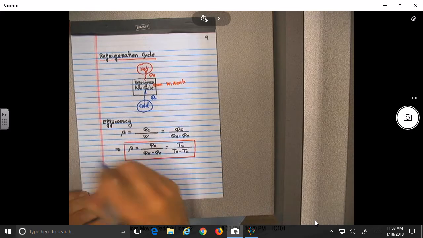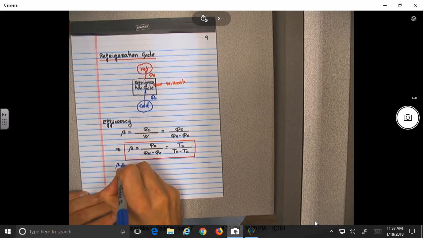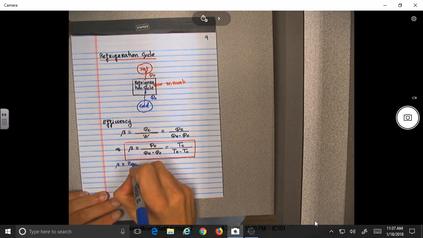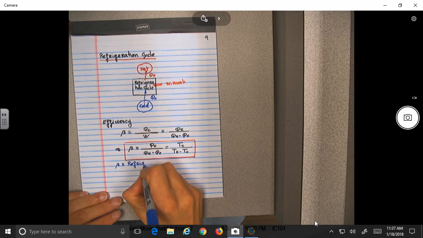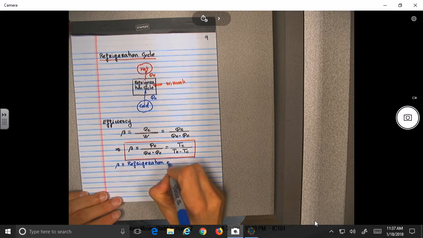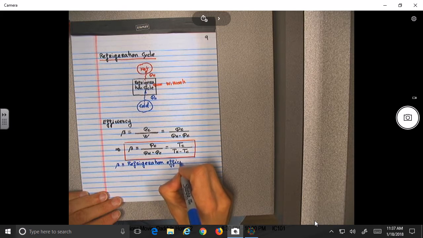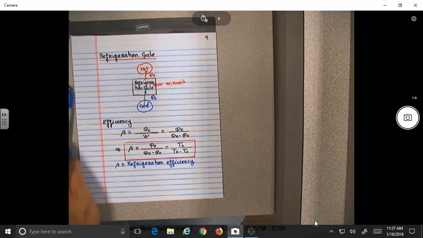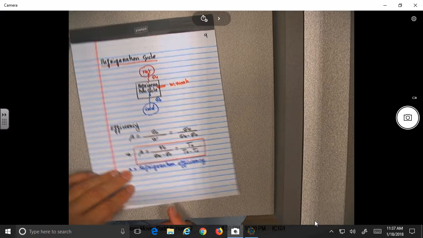Where beta here is the refrigeration efficiency. Any questions so far? All right. So let's see if the last one you can almost do on your own.